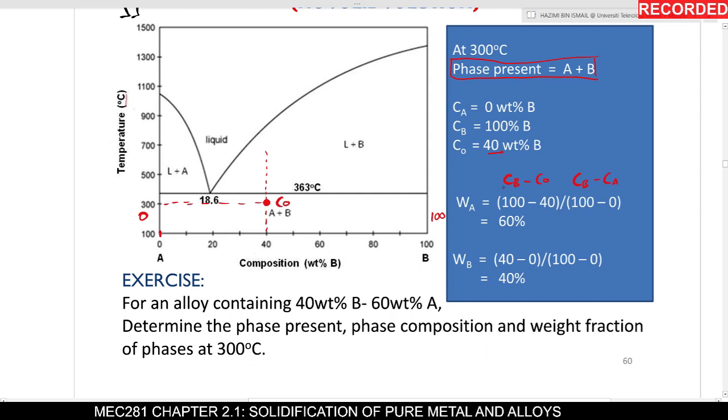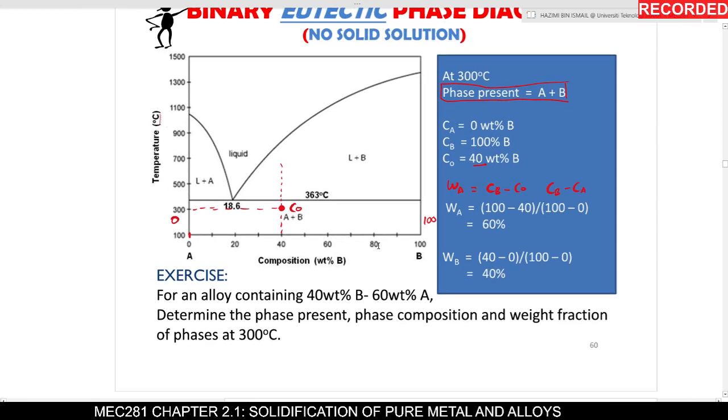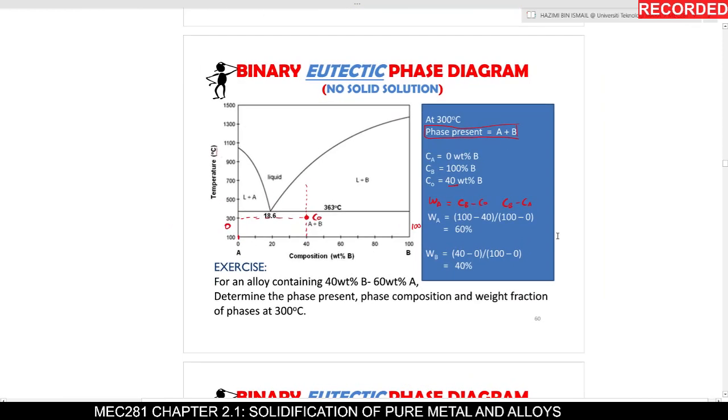Okay, so CB, so 100 minus 40 over 100 minus 0. So you will get 60%. Just what we found in this value, right? And the WB is 1 minus 60, 100 minus 60 is 40. So that's it. That is the answer for the weight fraction of this example.